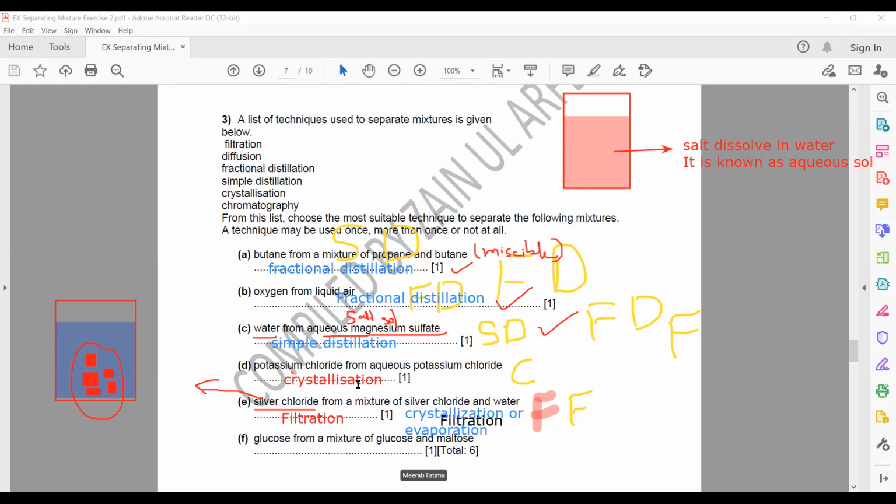And what about the last one? Crystallization or evaporation is only used for soluble salts, and filtration or decanting or centrifuging can be used for insoluble salts. And the last one, glucose from a mixture of glucose and maltose.